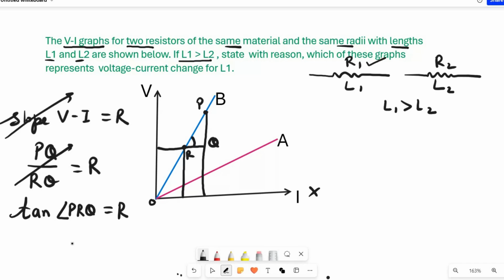Now in this case, L1's length is greater than L2, and from the graph we can clearly understand that graph A's slope, meaning the angle it makes with the x-axis, is less, and graph B makes a greater angle with the x-axis.